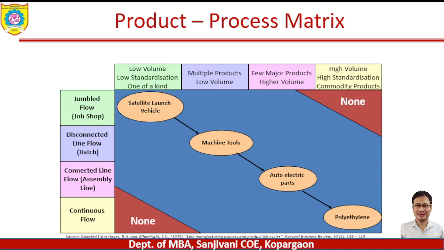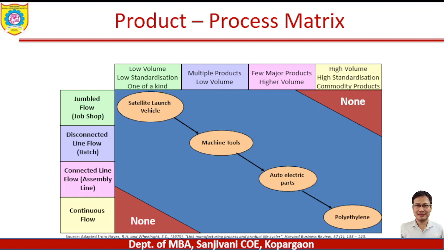The third type of products can be taken as an example of a few major products with high volume of production, like auto electric parts, for example the headlamps of automobile companies, like the headlamp of the vehicles manufacturer like Minda in India.